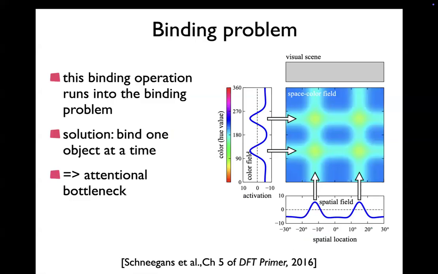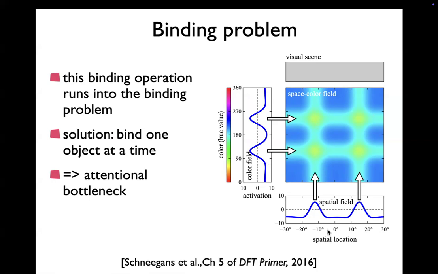So this is where the binding problem arises, and the binding problem is a famous problem that's been discussed forever in cognitive psychology, which has to do with these illusory conjunctions, that misbindings can occur. So, for instance, if you had the task to make a mental map of a blue item and a green item at this location and at that location, if you use the same trick, you get 4 possible intersections of these ridges, because you don't know, is the blue item the left one or the right one, right?